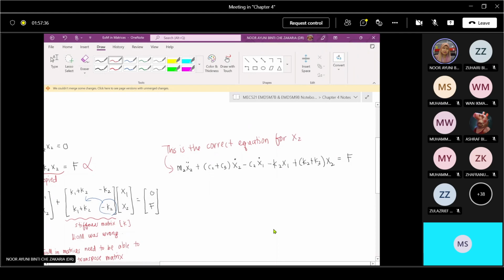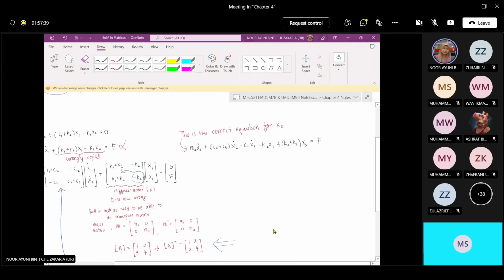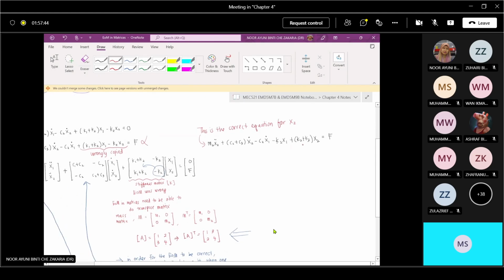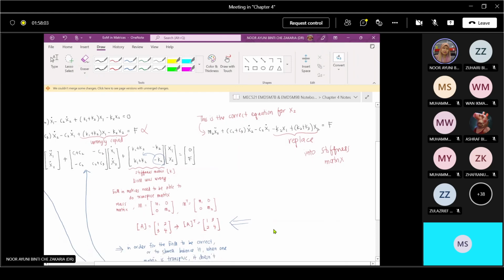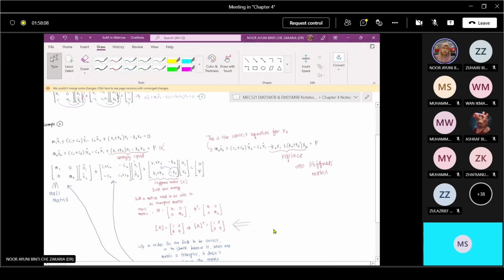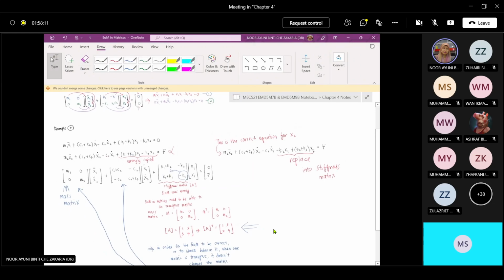4x2. Make sure to replace. Nota saya huru-hara tak apa. Just make sure your notes is properly lah. Replace into stiffness matrix. Sorry ya, panjang sikit. Lagi seminit dulu, so that I can settle your notes here. So, mana tu nak letak?